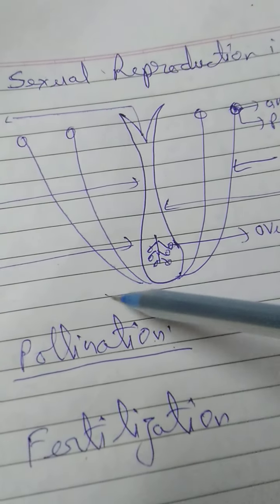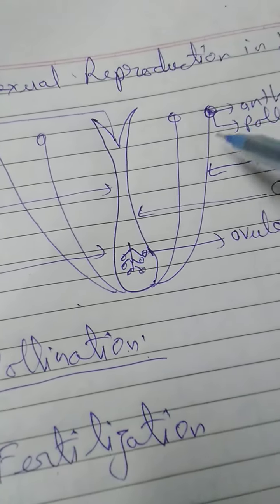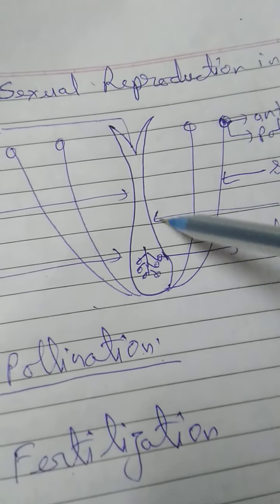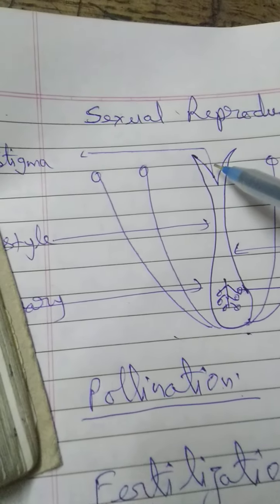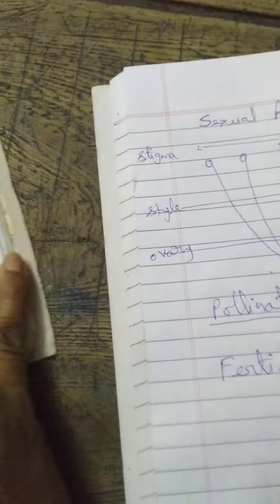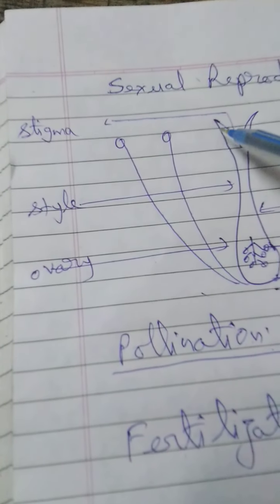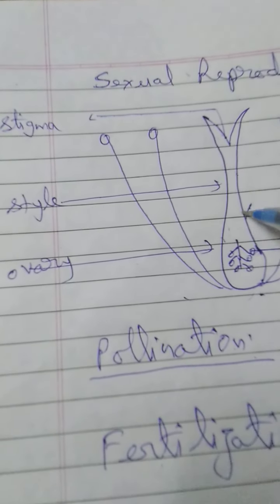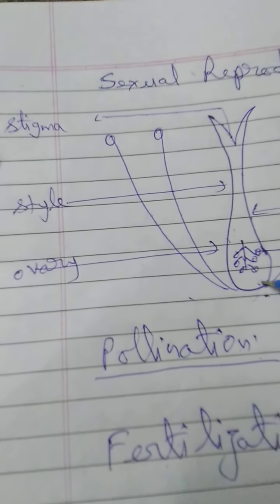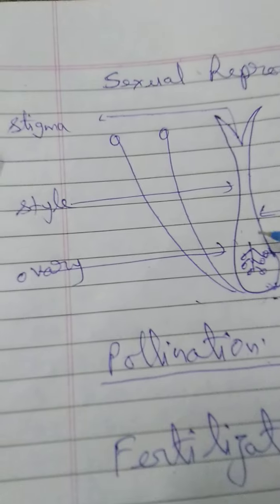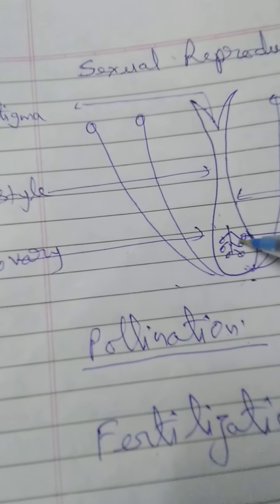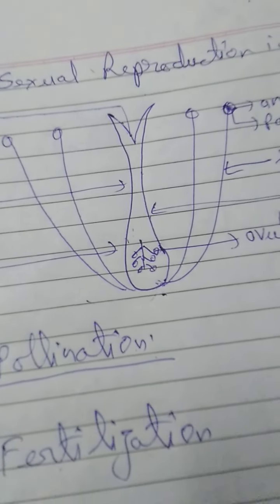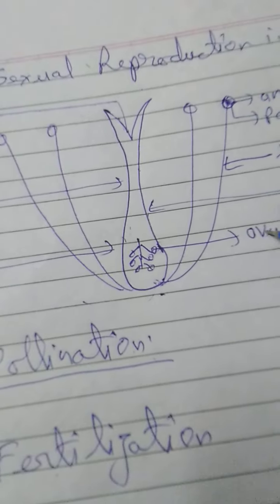Here is the picture of a bisexual flower where this one is the carpel. The top portion of the carpel is called stigma, as you see in the diagram. Then it extends into a tube-like portion called style, and the swollen portion at the bottom of the carpel is called ovary. Inside the ovary, the ovules are there. The ovules are called egg cells or the female gametes.